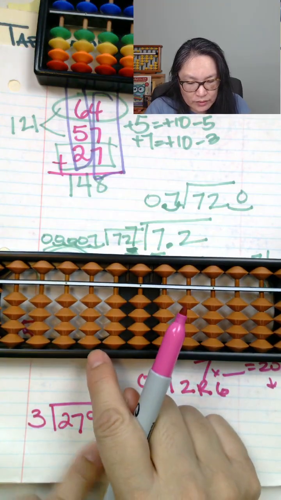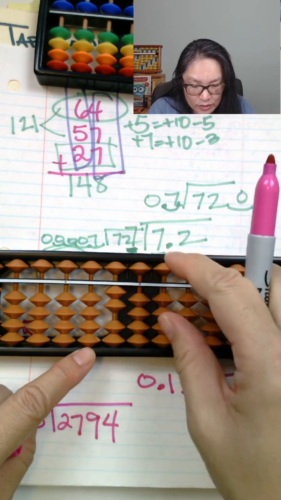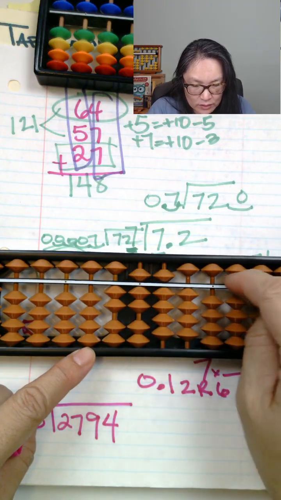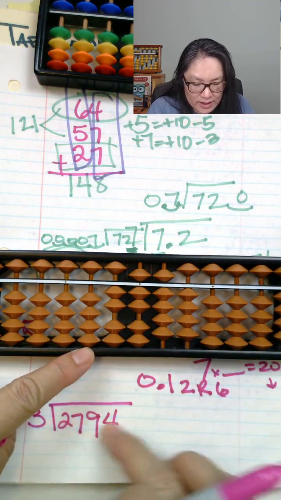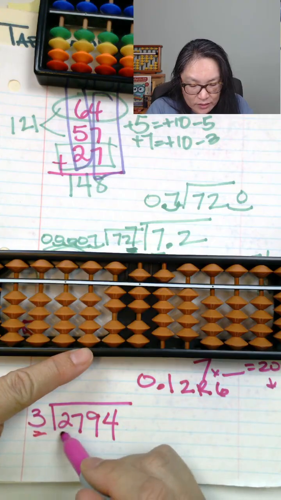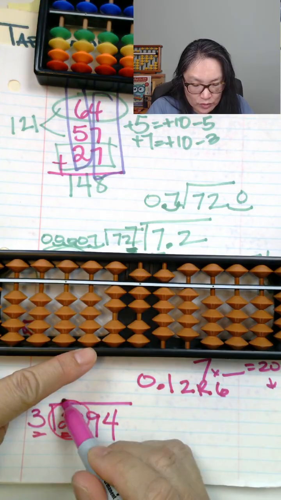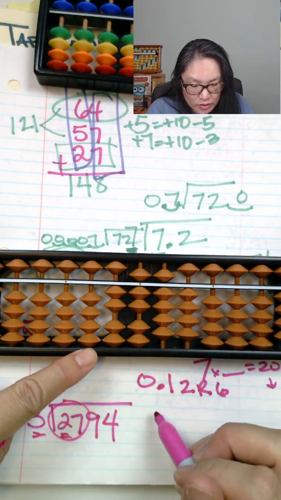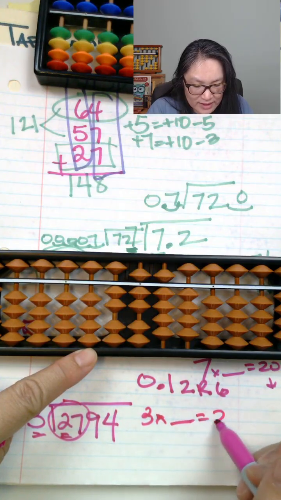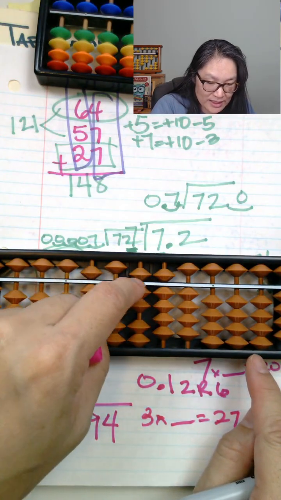This is where I'm going to put my answer. I would put my 2, 7, 9, and then 4, right? So this is a bigger number. Who's bigger, the dividend or the divisor? The dividend is bigger. So I put my finger here and I take 2. So I take these 2. What times 3 is equal to 27? 3 times 9. So I add my 9. I take away 27.